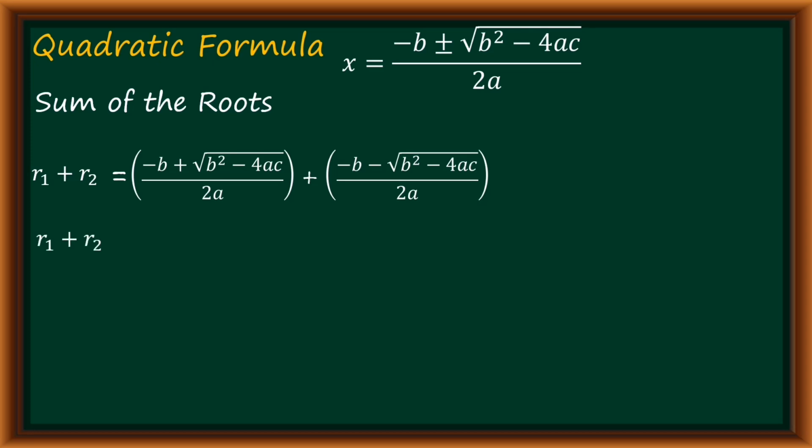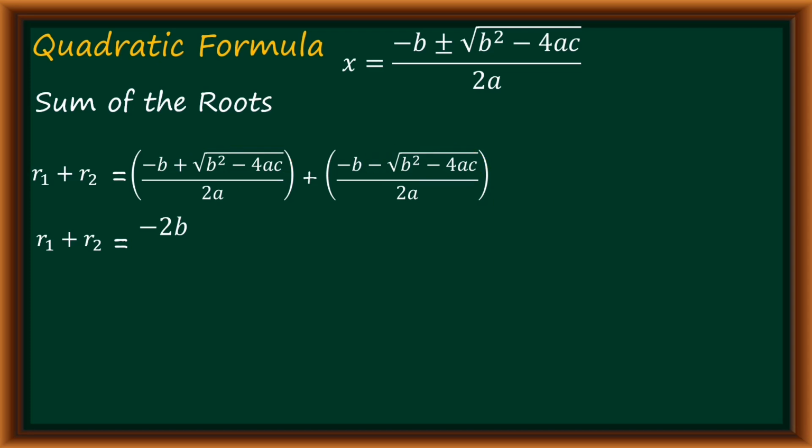Let us proceed now. The sum of the roots r sub 1 plus r sub 2 is equal to negative b plus negative b, which is negative 2b. The square root of b squared minus 4ac plus negative square root of b squared minus 4ac is already 0.